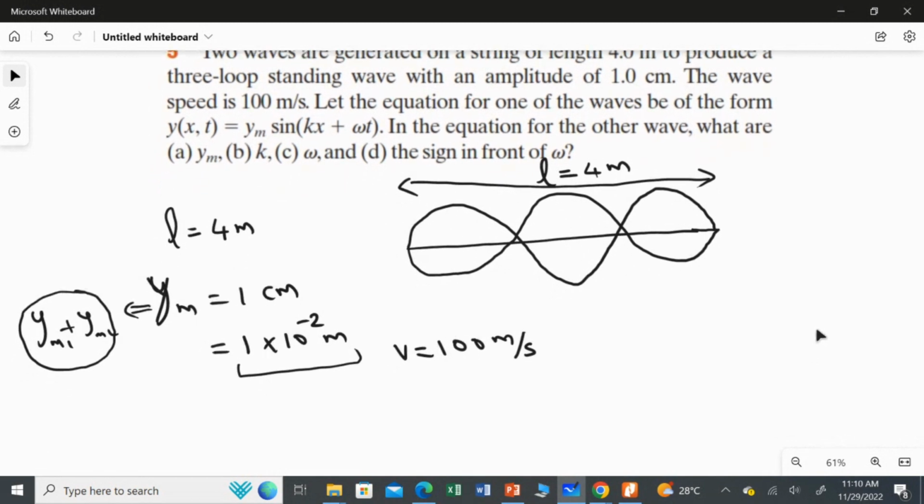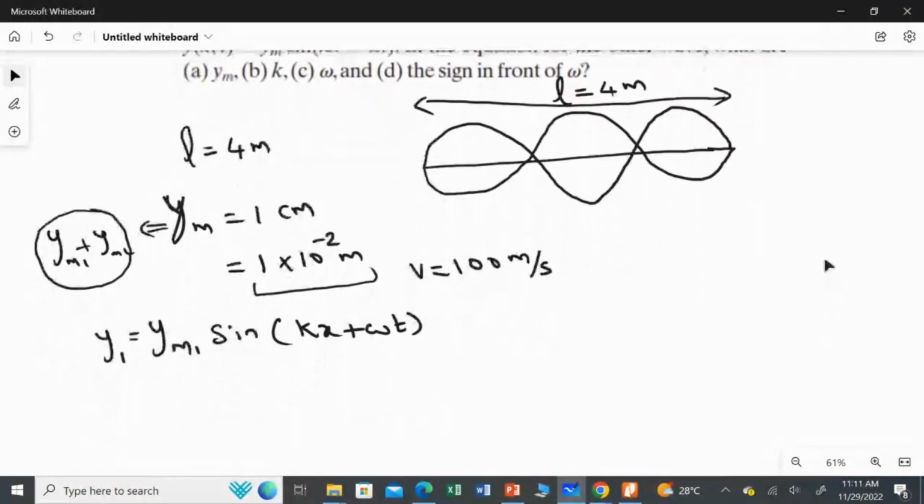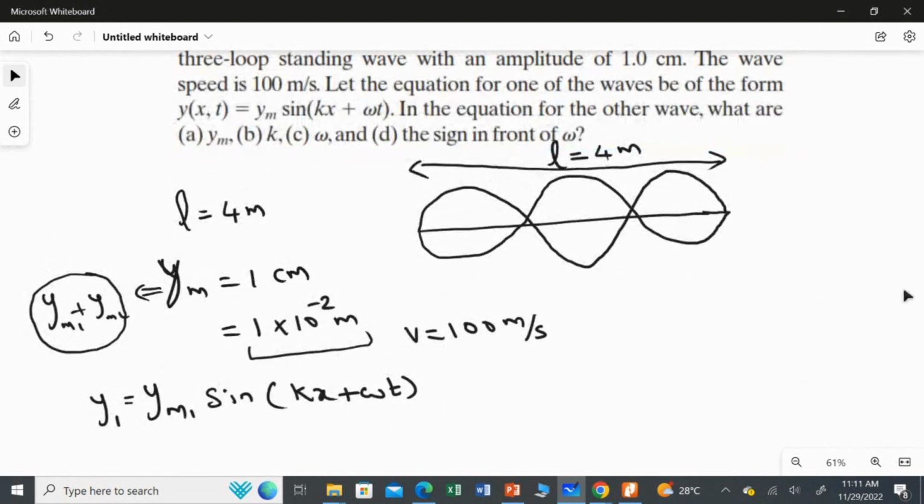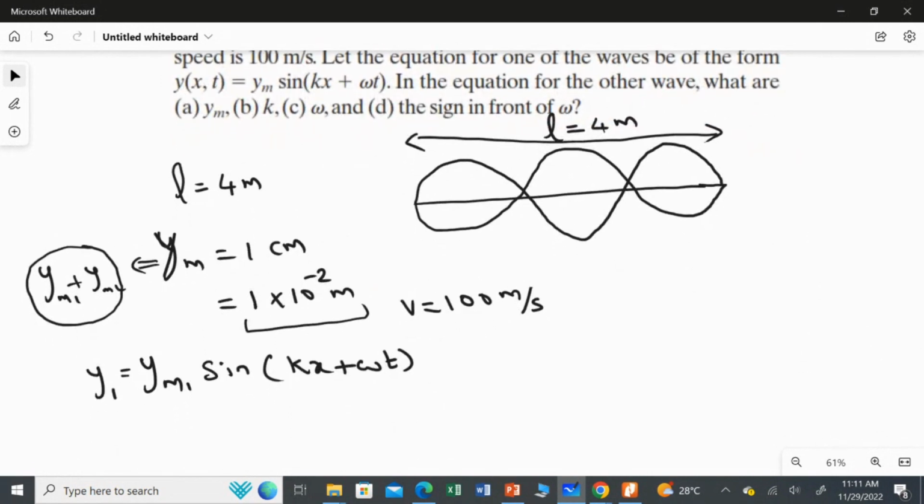So they mention the equation for one of the waves. Let's take y1, which is equal to ym1 sine of kx plus omega t. What is this k? k is the angular wave number. Omega is the angular frequency. What is this positive sign? In the equation they mentioned positive, which represents that this wave is moving in the negative direction of the x-axis.